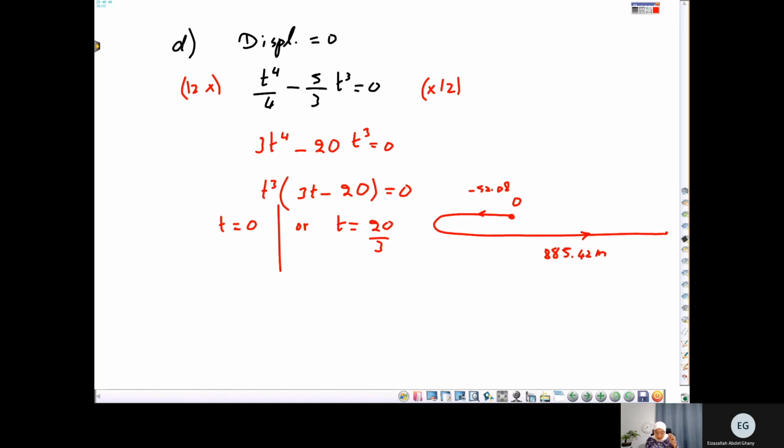We are discussing that we will pass by point O twice: once at the beginning of the story, which is t equals 0, and another time at t equals 20 over 3 seconds. It means after 6 2/3 seconds.